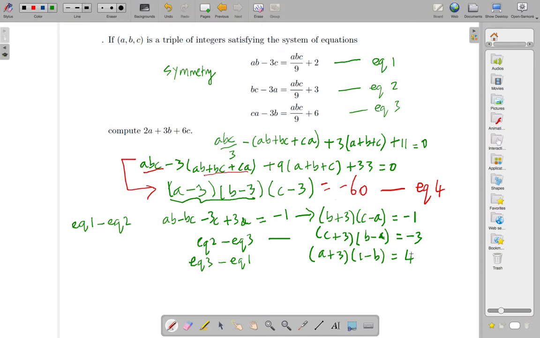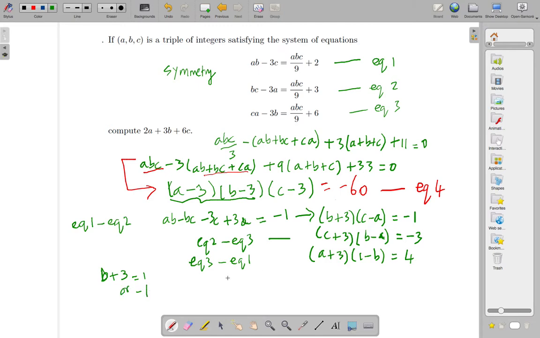Now this actually is better, because if the product of two expressions is negative 1, one of them has to be 1. So that means B plus 3 is 1 or minus 1, right?